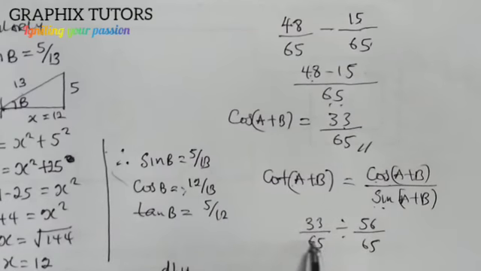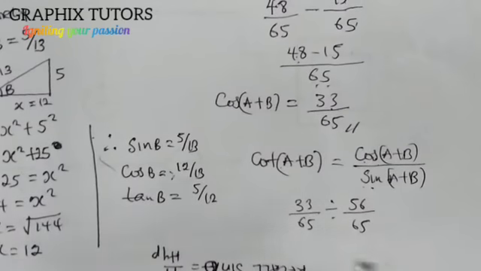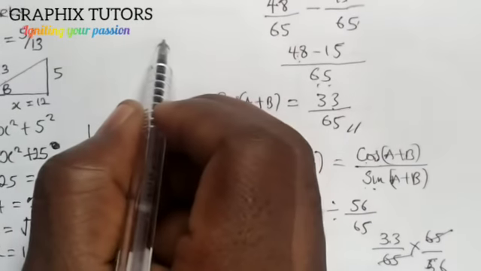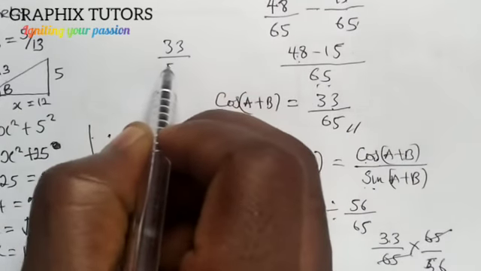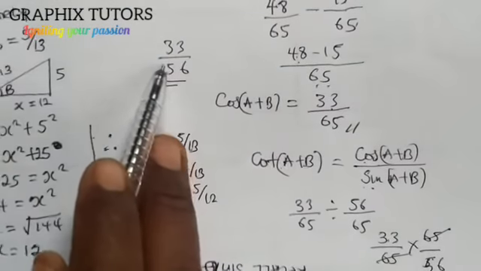So when we change this sign to multiplication, it becomes 33 over 65 multiplied by 65 over 56. So from here 65 cancels 65, and we're left with 33 over 56. So my answer is 33 over 56. So cot A plus B is 33 over 56.